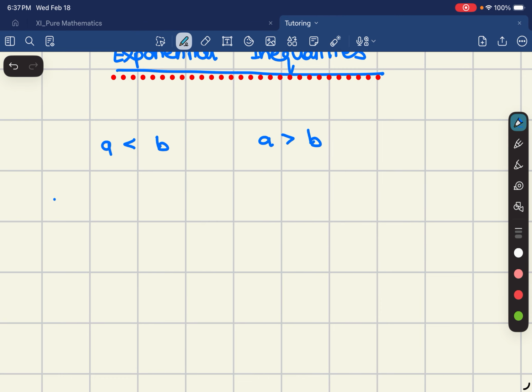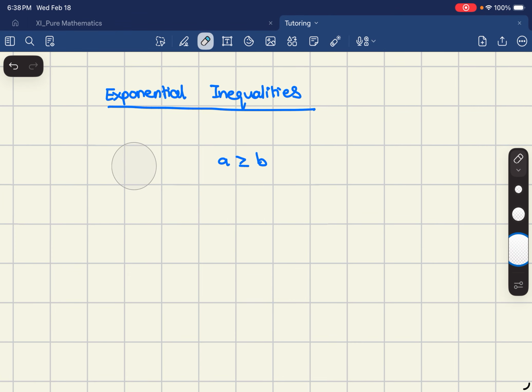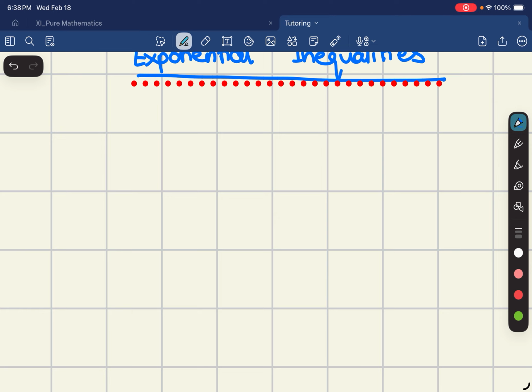If c is a positive number, then we are also allowed to multiply on both sides without affecting the inequality. That is something to keep in mind. And this still works if it's less than or equal to. The only thing that we have to be careful about is multiplying, and even dividing. If you're dividing by a positive number, that does not affect the inequality.